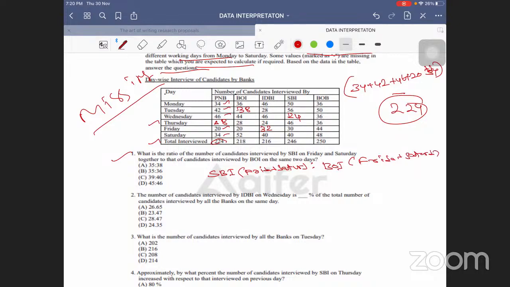For SBI, Friday 30, Saturday 40, total 70. For BOI, Friday 20 and 52, total 72. For the fraction, we need to divide both numbers by the same number. We can divide by 2. So 35 is to 36. Clear?